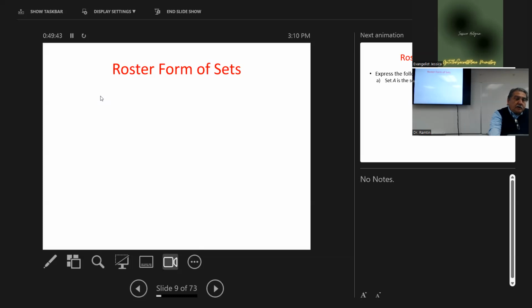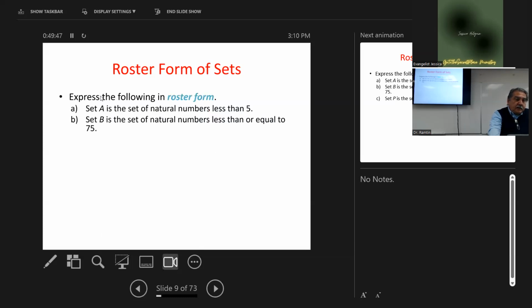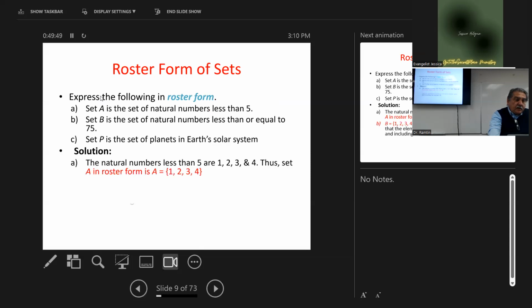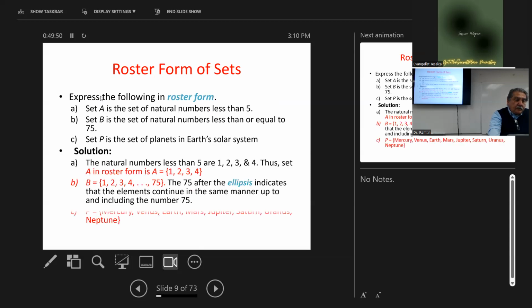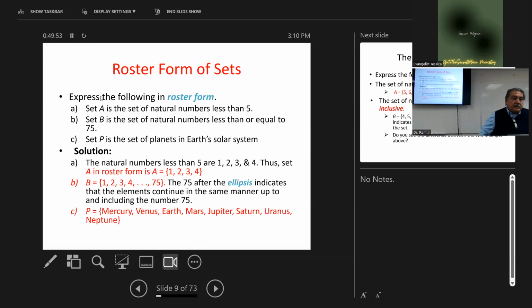Now, how about the roster form? For example, maybe they ask us to express the following in roster form. We want to express the set A. You see, this is a description: set A is a set of natural numbers less than 5.